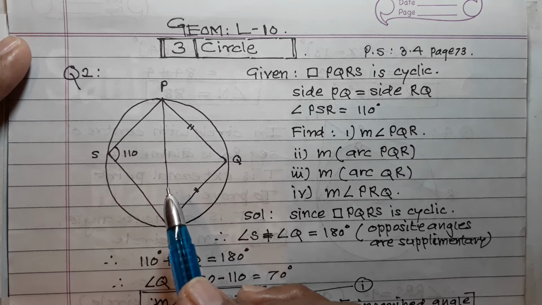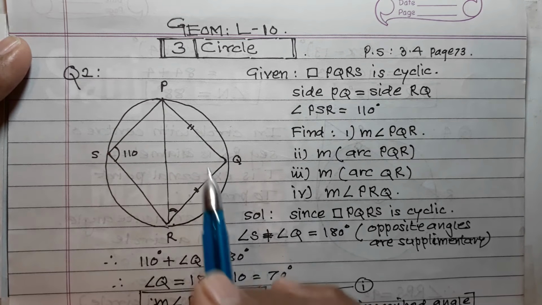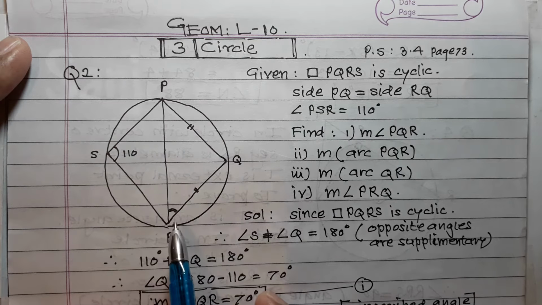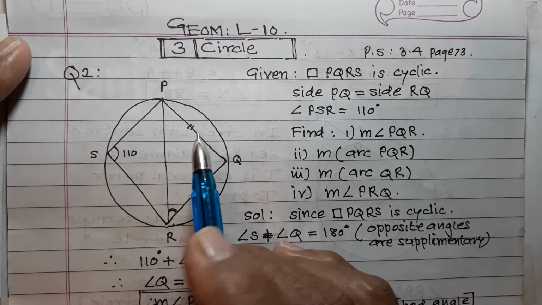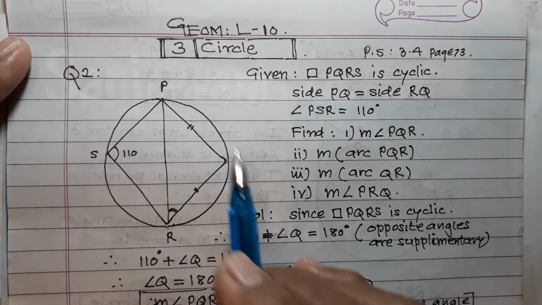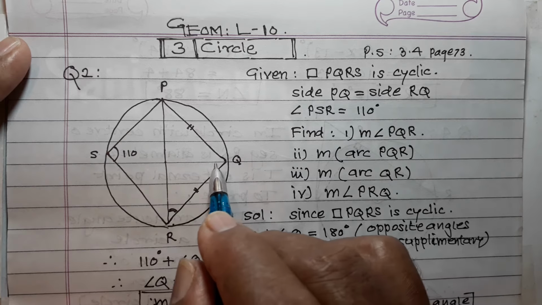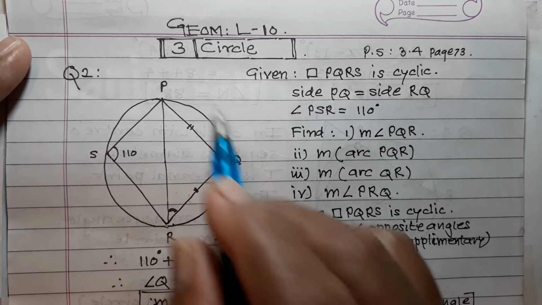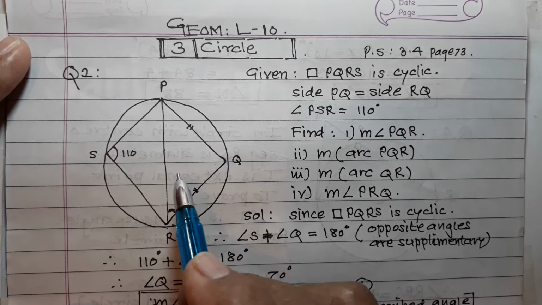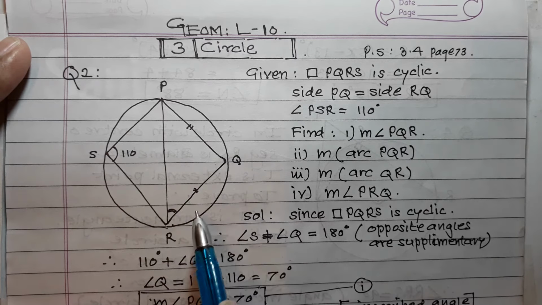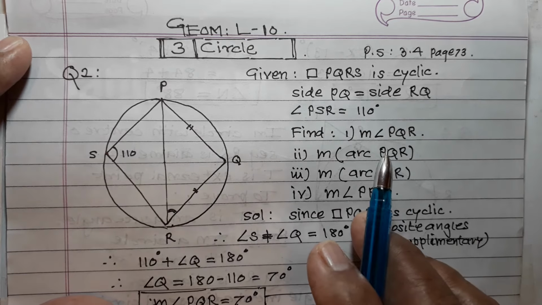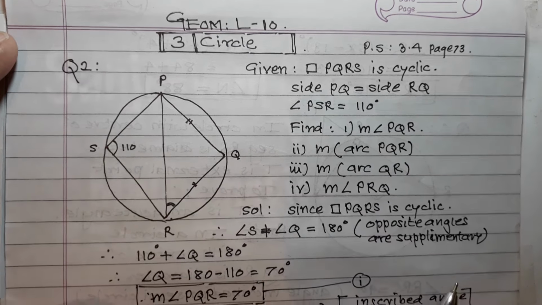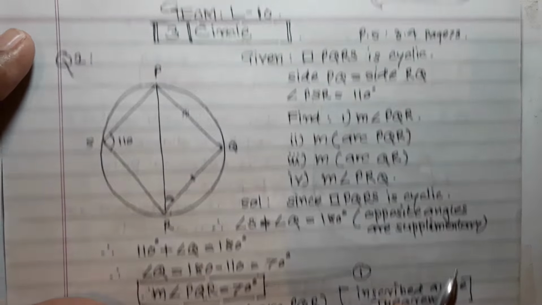Find major angle PQR, major arc PQR, major arc QR, and major angle PRQ. Okay. Now try to understand the solution.